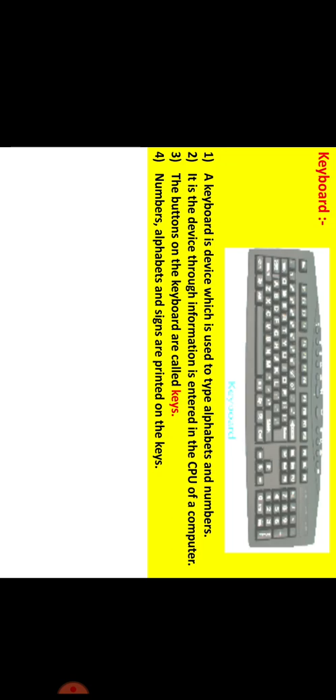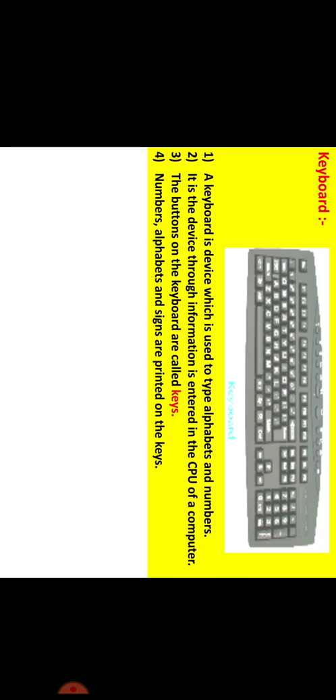Correct? So next point, keyboard is the device through which information is entered in the CPU of a computer. It means we can insert or put information into the computer with the help of the keyboard.